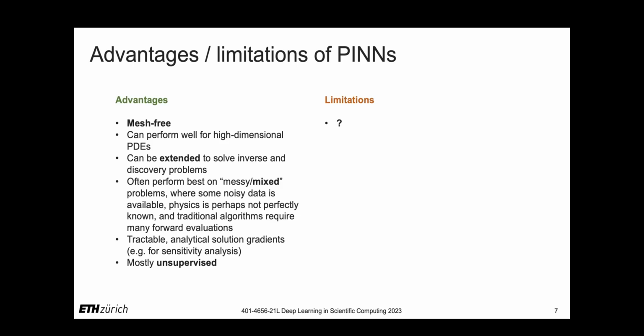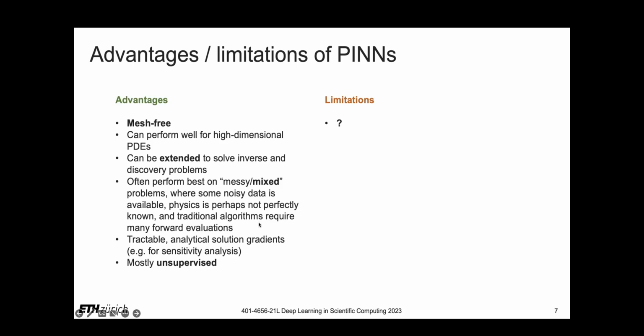So it's a very different way of thinking about the solution. Where I think PINNs are most powerful is when they're extended to solve these inverse problems or equation discovery type problems. Particularly when you have what we call messy or mixed problems. It's where you have perhaps a little bit of data, but not very much, like a few observational points, and perhaps you know something about the physics, but you're not entirely sure what the underlying coefficients of the PDE are, for example.